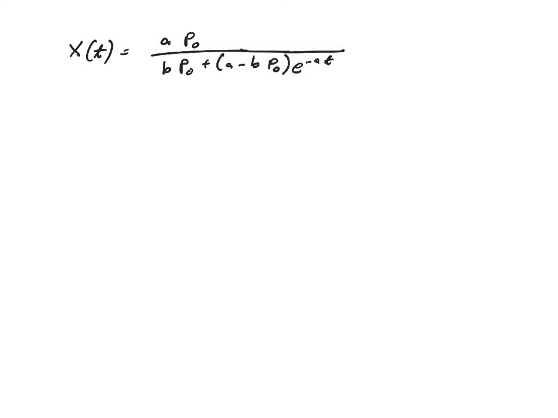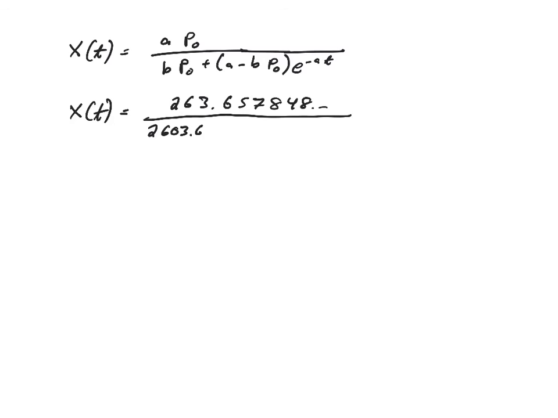Okay, and we make all of our substitutions back in there. So A, and I'm just going to rewrite all this down, and this is what we should get. A of t is equal to this big equation here, 263.65784... The bottom is going to be 2603.62125.